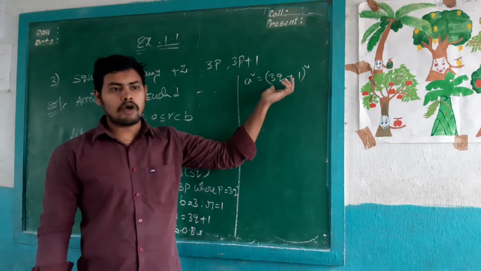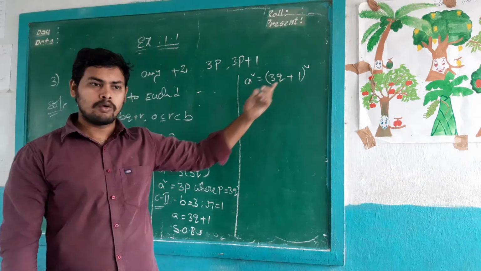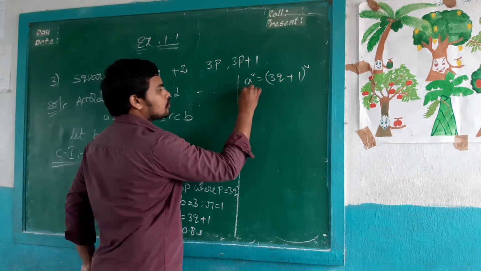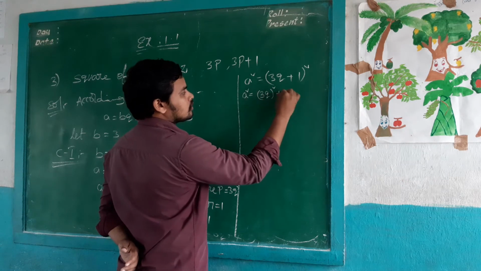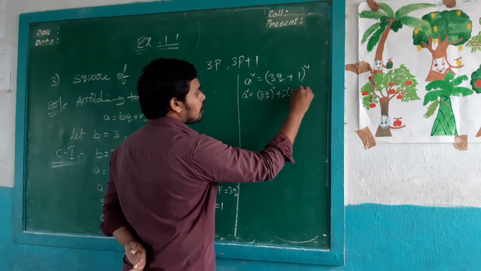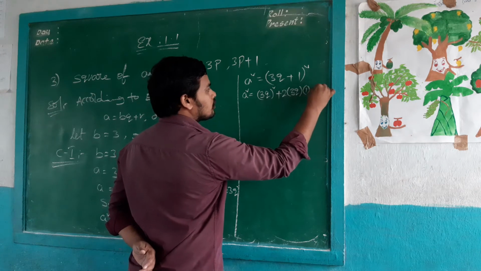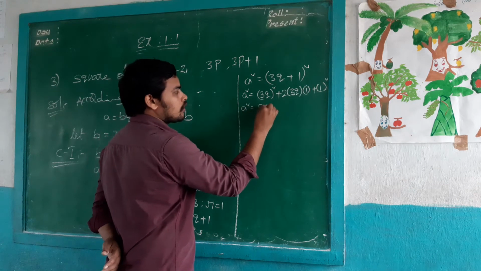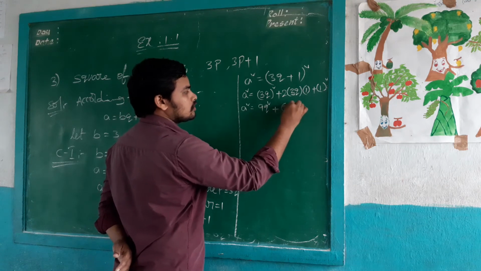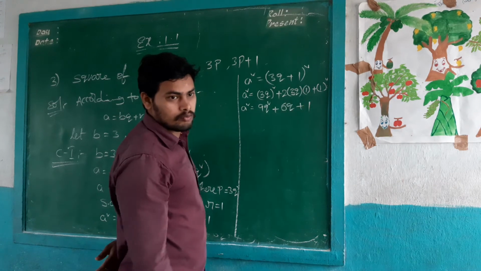It is in the form of a plus b whole square, which is a square plus 2ab plus b square. That equals a square equals 9q square plus 6q plus 1.